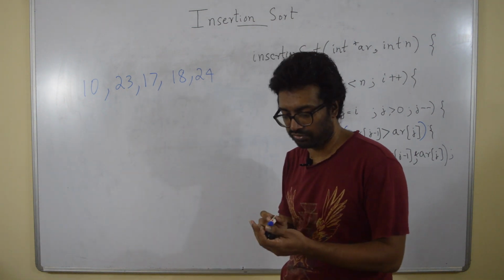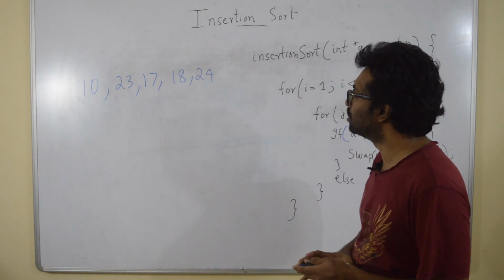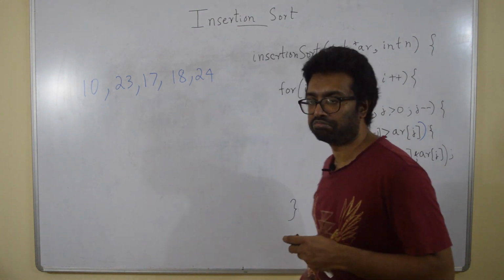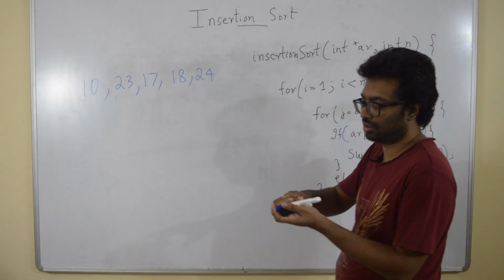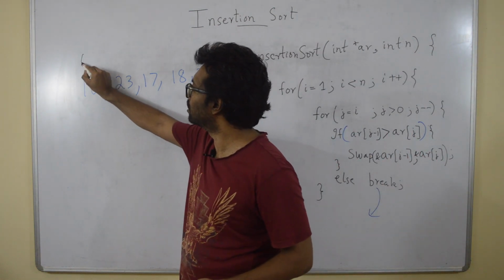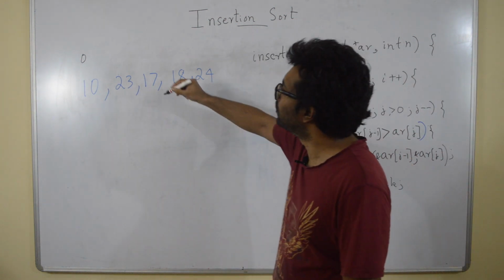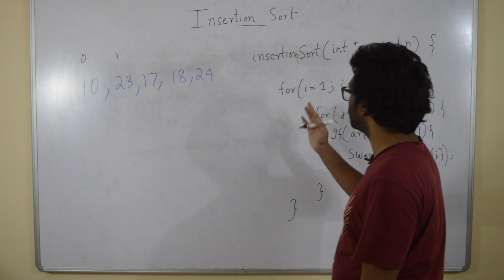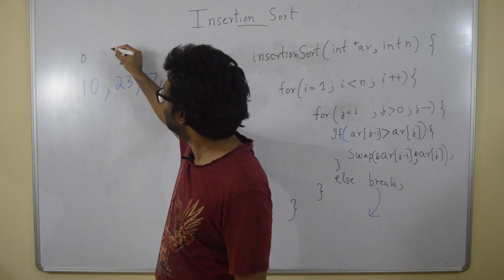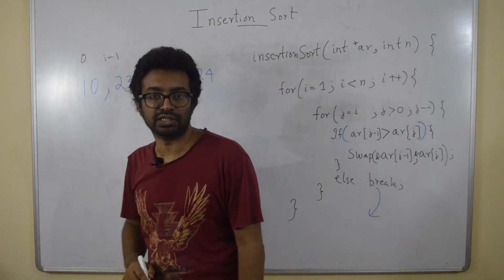I just took a few numbers. So initially it's 10, and that's fine. This is the index 0, so we are okay. We are going to start our run from index 1. So we go to index 1, and what happens? My i is 1, right?